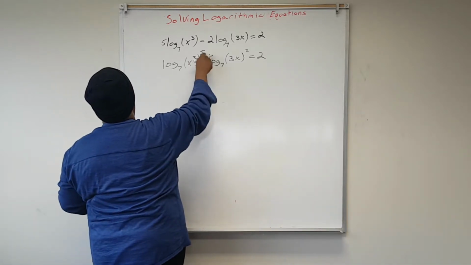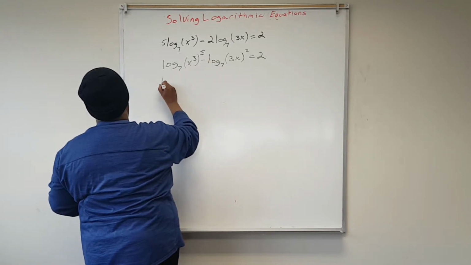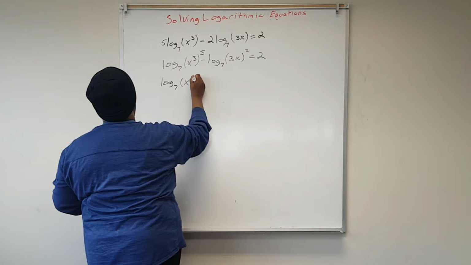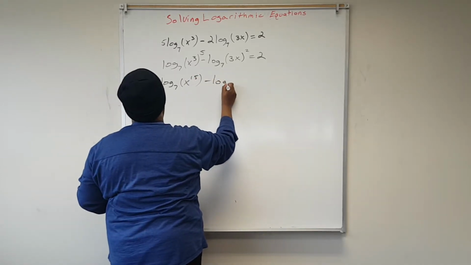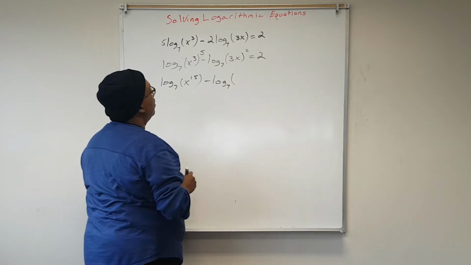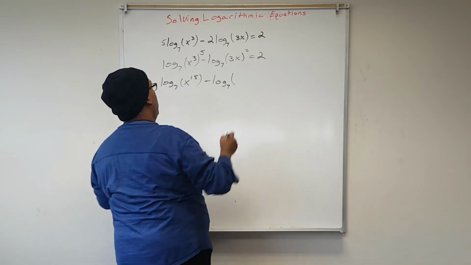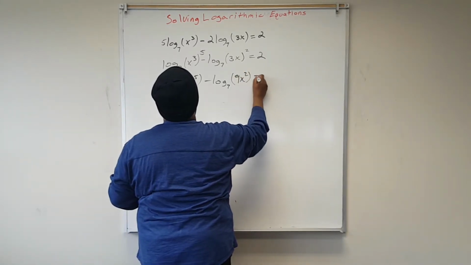X cubed to the 5th is power to a power, you multiply, so you get log base 7 of x to the 15 minus log base 7 of 3x times 3x, which is 9x squared, all equals 2.